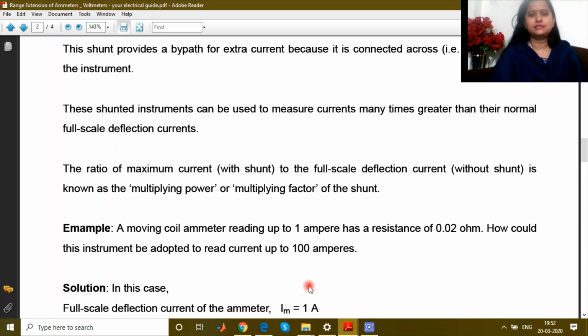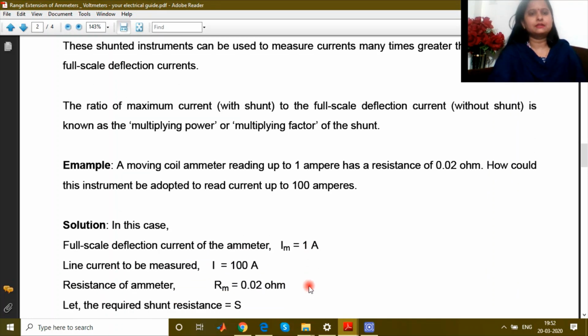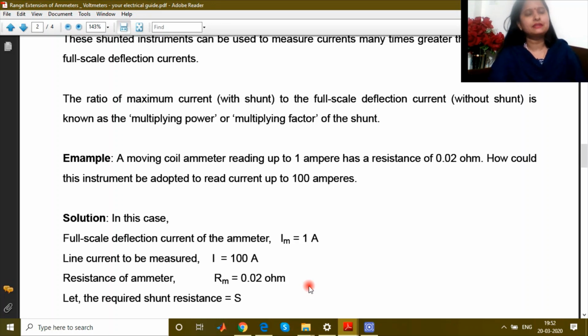We will connect a resistance in parallel with that ammeter, which is called a shunt. The full scale deflection of the ammeter is 1 ampere, the current to be measured is 100 ampere, the resistance of the ammeter is 0.02 ohm, and the required shunt resistance is S, suppose. We need to find the value of S so that the range of this ammeter can be extended from 1 ampere to 100 ampere.